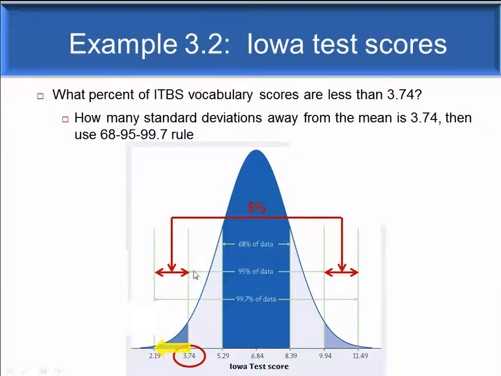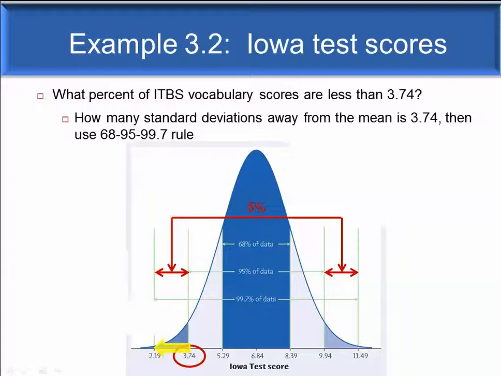So if we have 95% between these 2 points here, then between the left-hand tail and the right-hand tail is going to be a combination of 5% left. Remember, everything under the distribution curve totals 100%. All of the scores together are 100%.